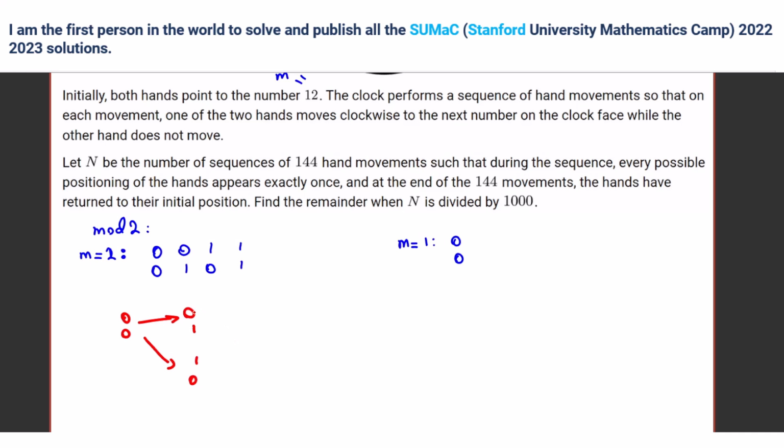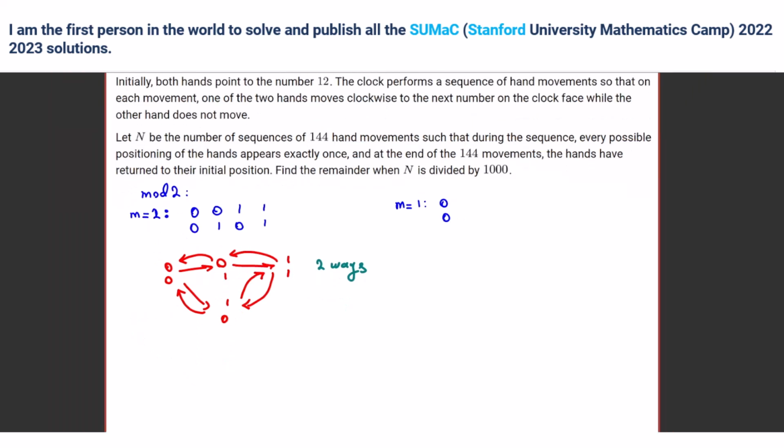This one can go to 1, 1 or 0, 0, right? 1, 1 can go to this one or this one, right? This one also can go to this one. So, if we go from here, then we have to go like this, or counterclockwise, right? So 2 ways.